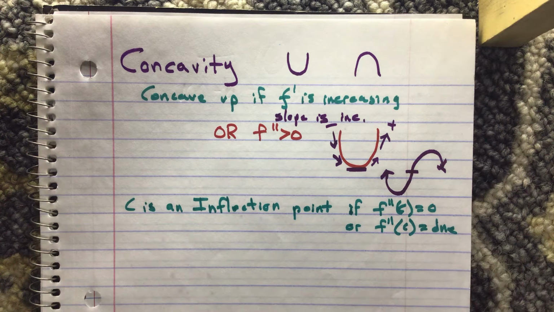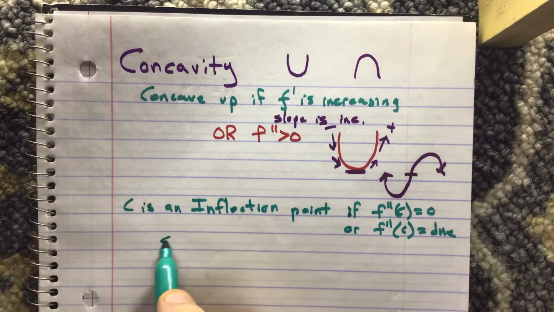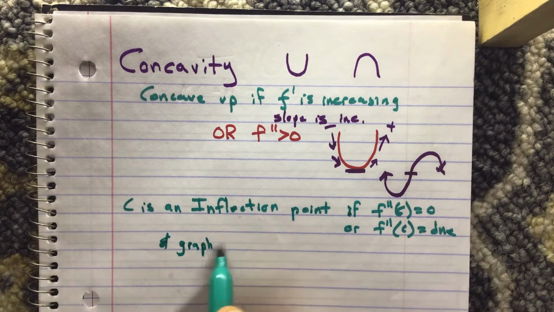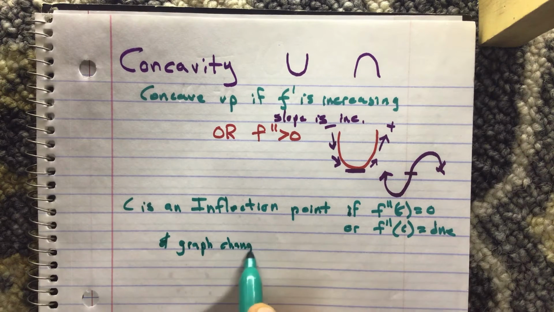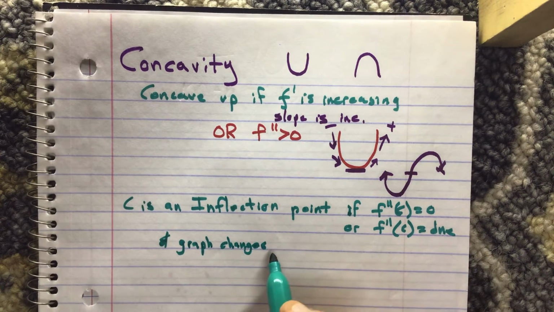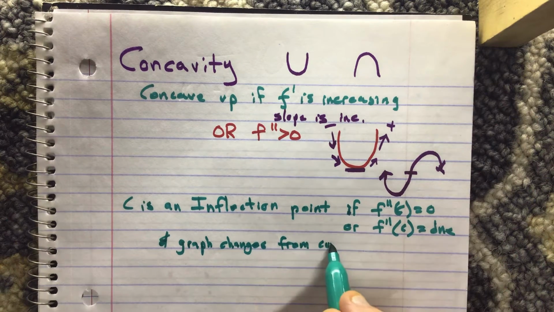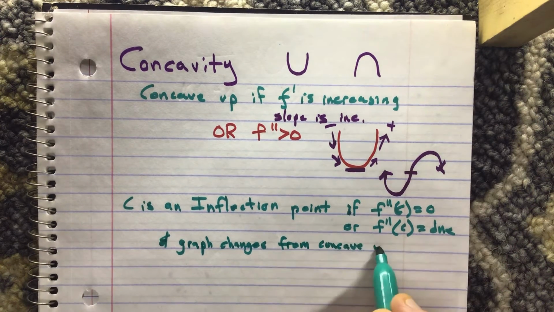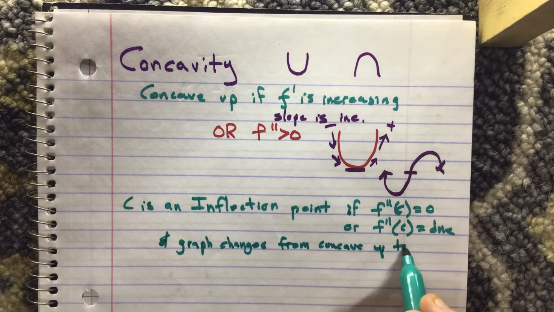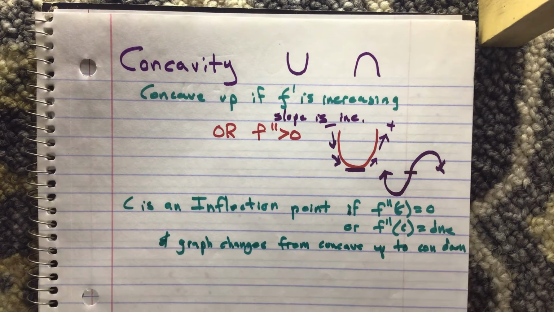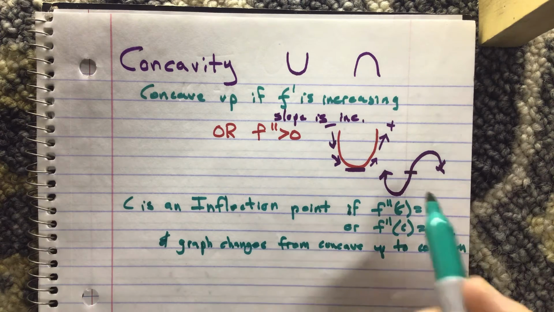So if the second derivative doesn't exist, or if it equals 0, and at the same time the graph changes from concave up to concave down, that's called an inflection point.